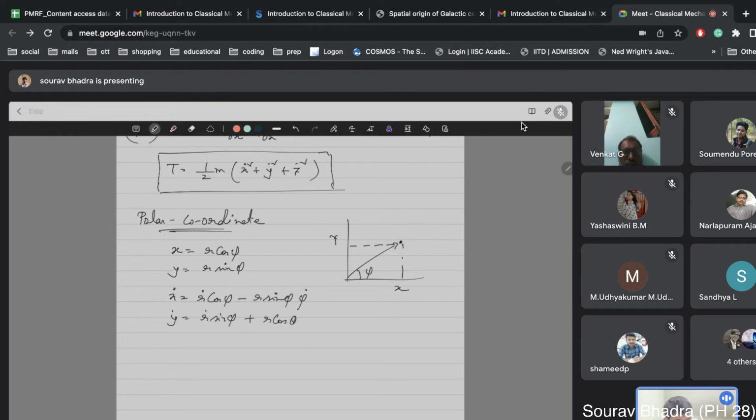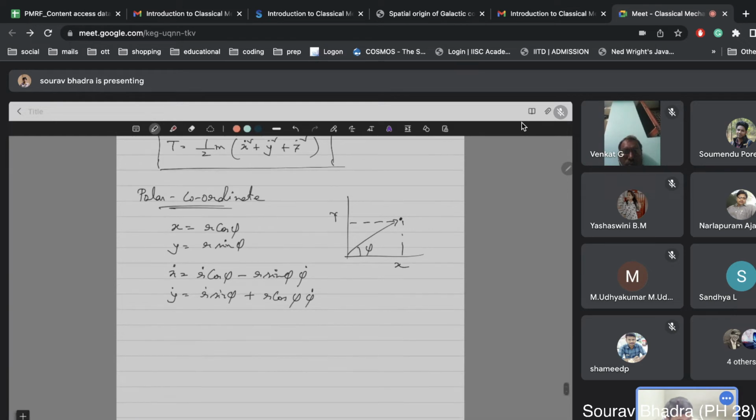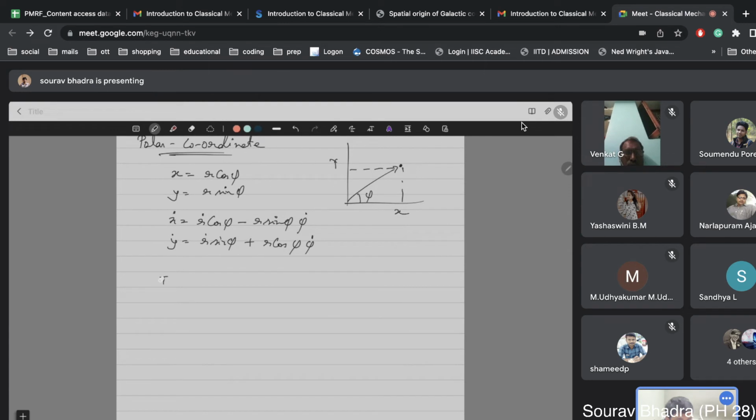So r cos phi, not theta, phi, phi cap. Now general kinetic energy, if we don't do it in that A_ij, A_jk form, will be, as you know, x dot square plus y dot square. So if you put it in, that will be r dot square plus r square phi dot square.